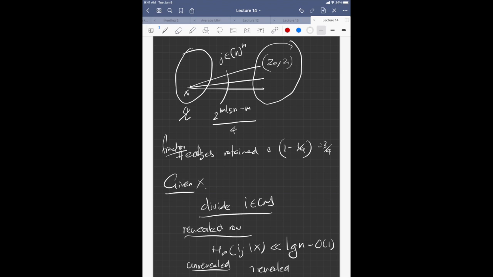So if the min entropy is sufficient, we want to ensure that, going into the second stage, the players are only allowed to focus on one of the unrevealed rows. On the revealed rows, this min entropy could be much smaller than log n minus O of 1, and we have no guarantee how small it is going to be.